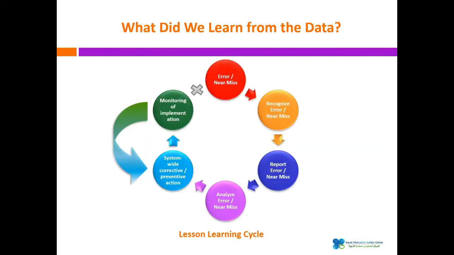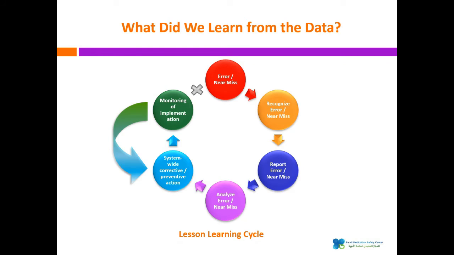So what do we learn from the data? Well, we learn that errors or nemesis occur, and we need to recognize that they have occurred and report them. We then need to analyze that error and find out exactly what happened, so we can initiate a correction response that improves the safety of the system.